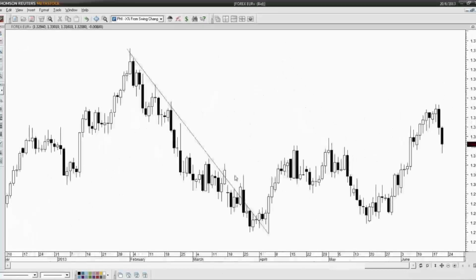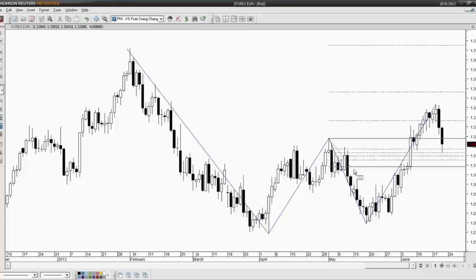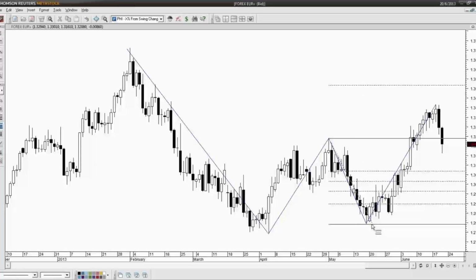Then it went up here, came down here, failed to go lower, and then it gave a swing to go long above this level. So we can take our Fibonacci from here to here, and our target for this swing is the 135 level with our stop loss down here.